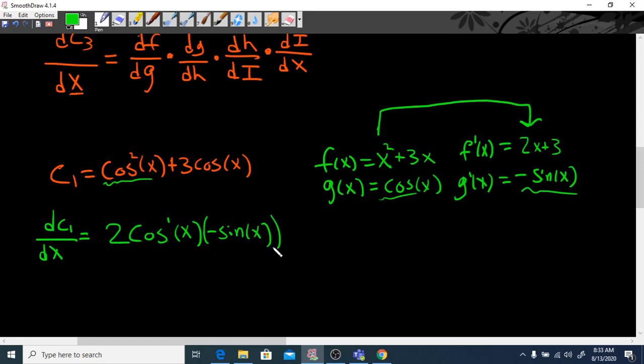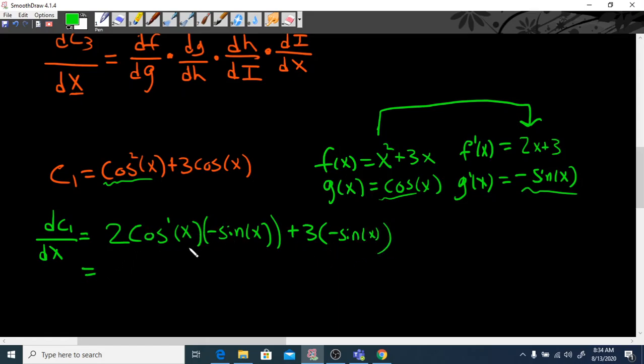So that's how we know not to go any further. And then plus, and now we have 3 cosine. The 3 is a constant multiple. So we can just take the derivative of cosine and then multiply it by the 3. And the derivative of cosine again is negative sine. So we get plus 3 times negative sine of x. And we're done there.